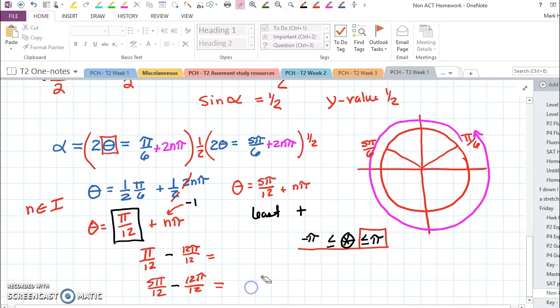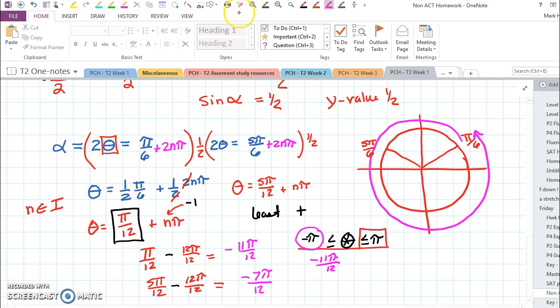And so if I subtracted pi from each, I would have -11 pi over 12. Well, that fits in this window because it's not quite all the way to negative pi. And also here I have -7 pi over 12. That fits.